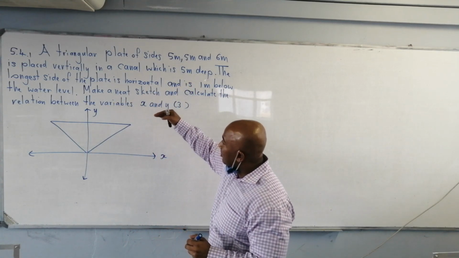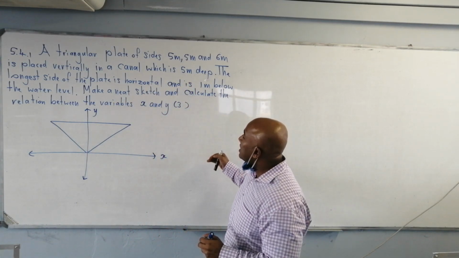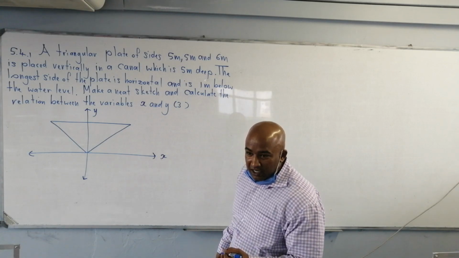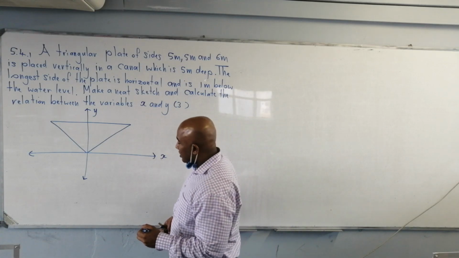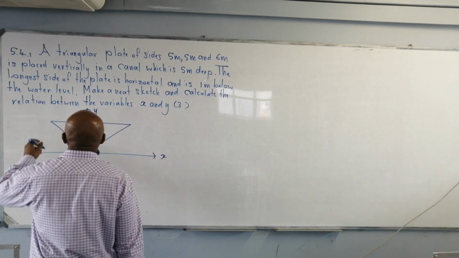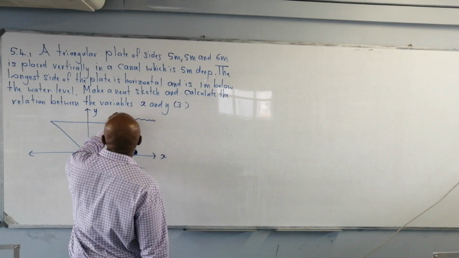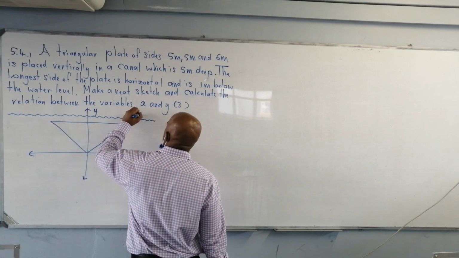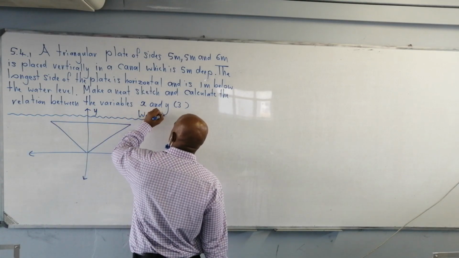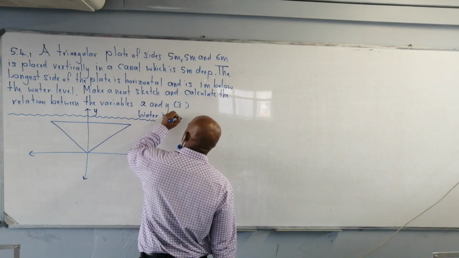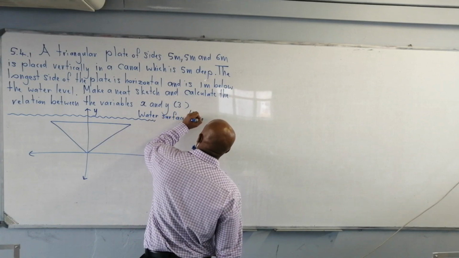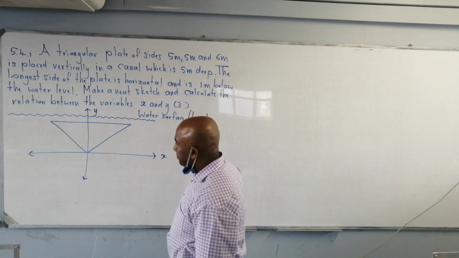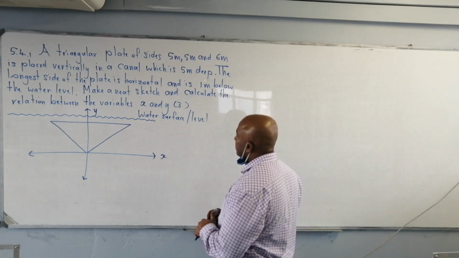The longest side of the plate is horizontal and is 1 meter below the water level. Okay. So here is the water level.